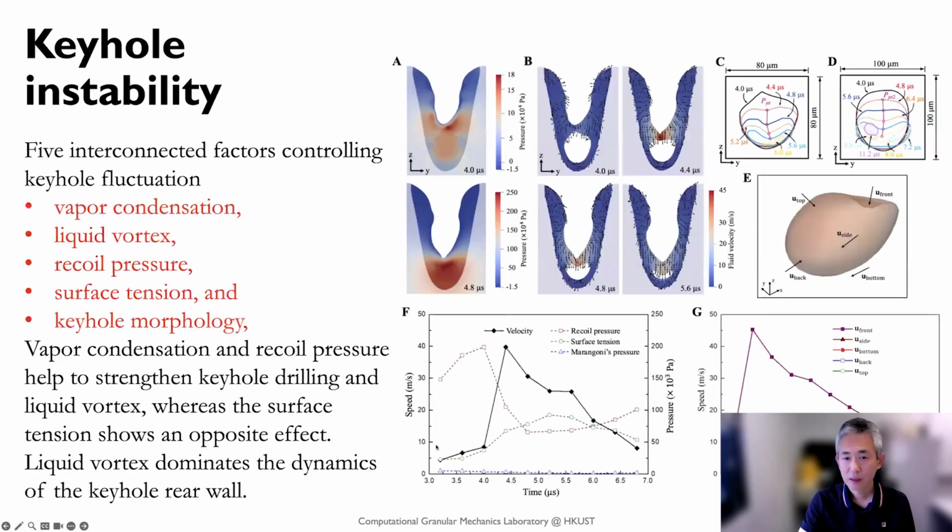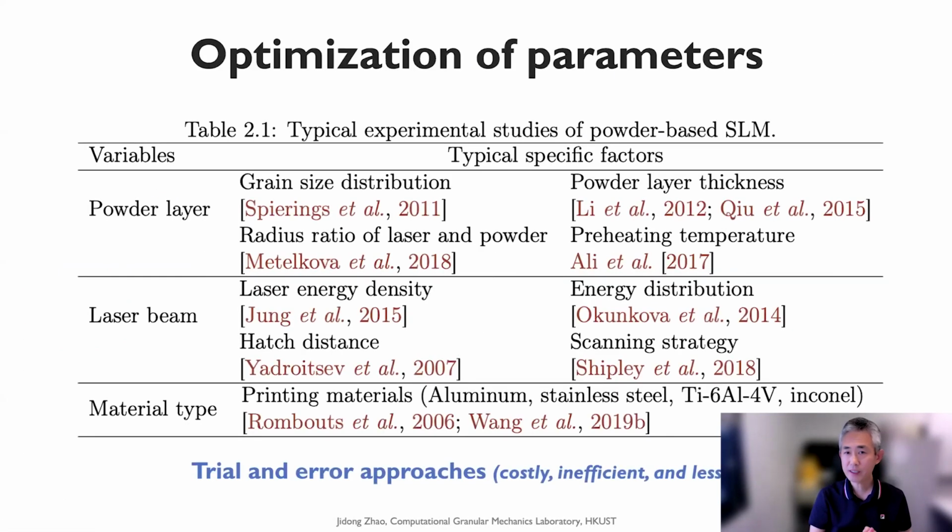In past experimental studies of selective laser melting, the optimization of parameters essentially involved changing the powder layer depths, changing the parameters of the laser beam, and also using different materials to get the optimal printing effect here. Again, this needs trial and error approaches.